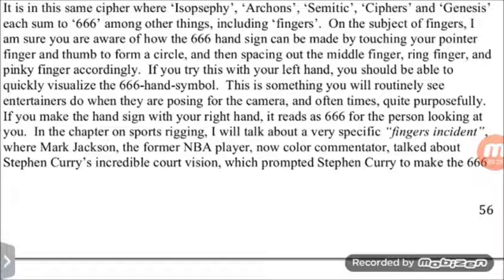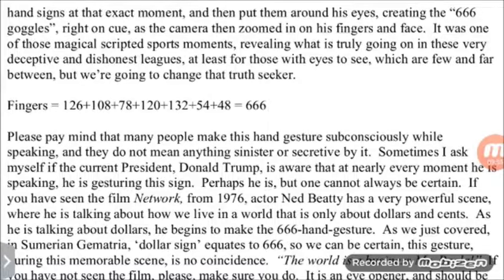In the chapter on sports rigging, I will talk about a very specific fingers incident where Mark Jackson, the former NBA player, now color commenter, talked about Stephen Curry's incredible court vision, which prompted Stephen Curry to make the 666 hand signs at the exact moment, and then put them around his eyes, creating the 666 goggles right on cue, as the camera then zoomed in on his fingers and face.